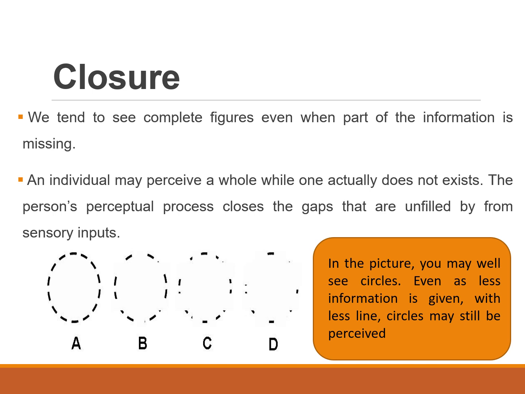The stockbroker assumes the stock price may increase when an organization introduces new items to the market. So without having full information, they can fill those gaps and give meaning to them.